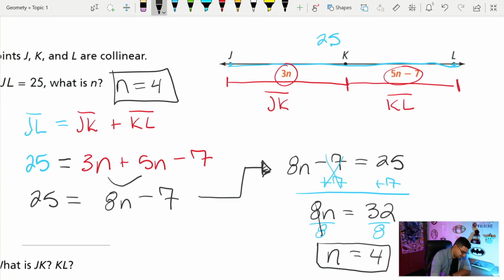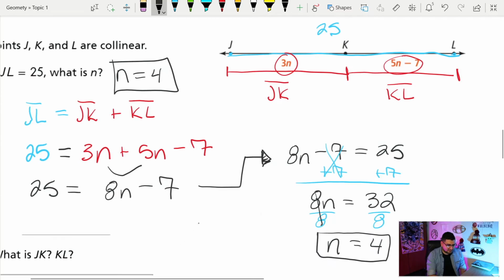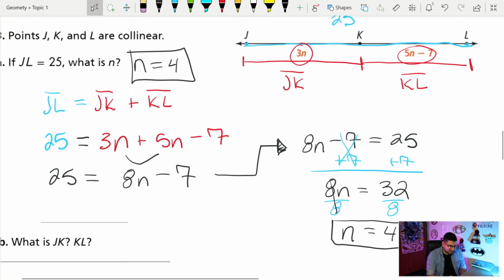And a common thing to do next in problems like this is that they'll ask you to use that value that you just found. So now that we know that n is 4, we can actually find JK and KL, which is what the next question asks. It says, what is JK and what is KL?